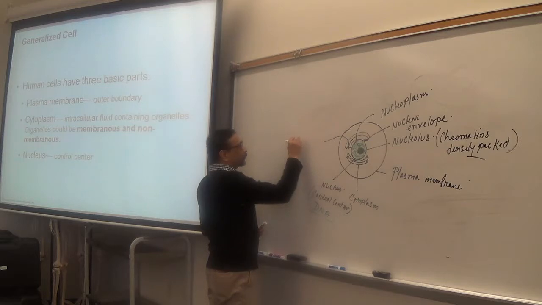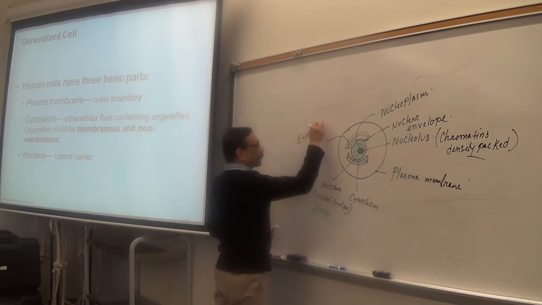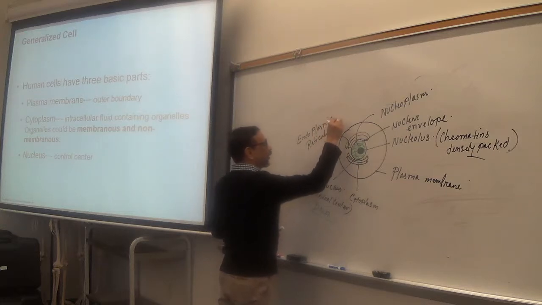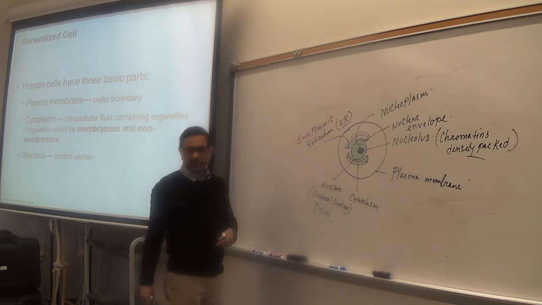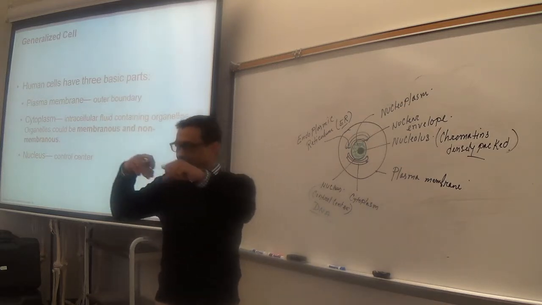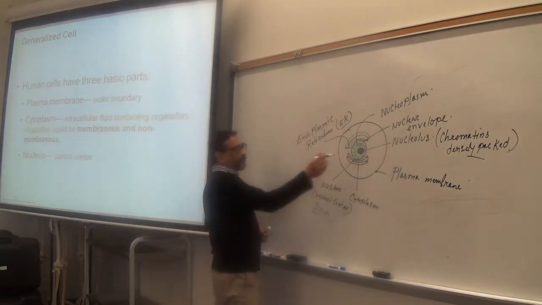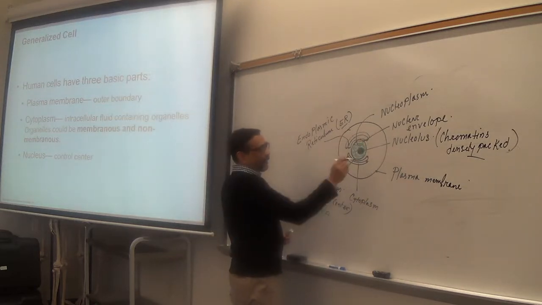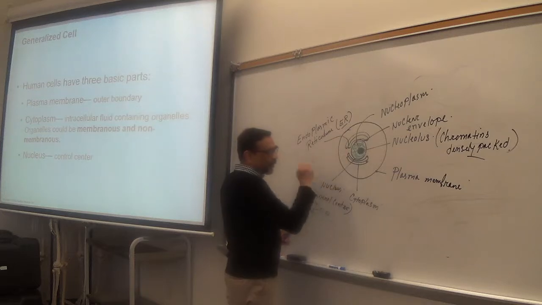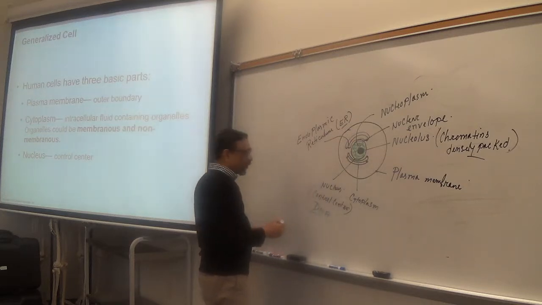So, endoplasmic reticulum or shortcut ER, okay, around the nucleus. Many tubes are connected together. And the ER has two parts.